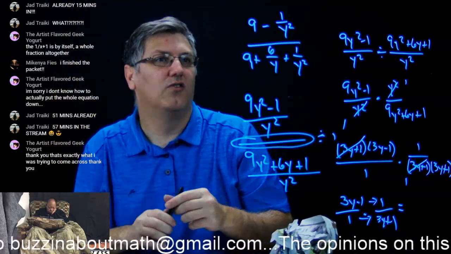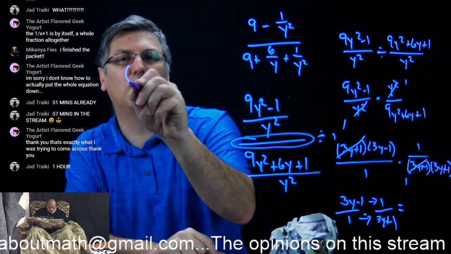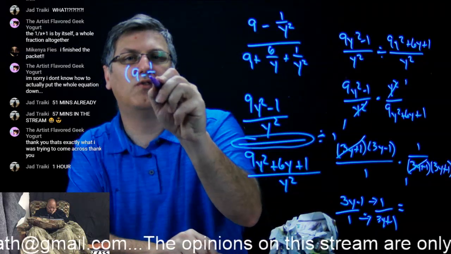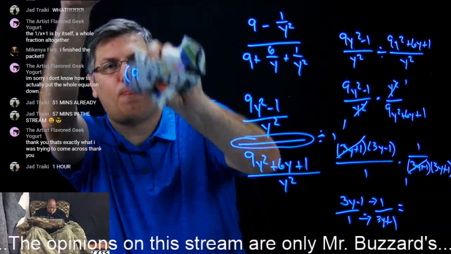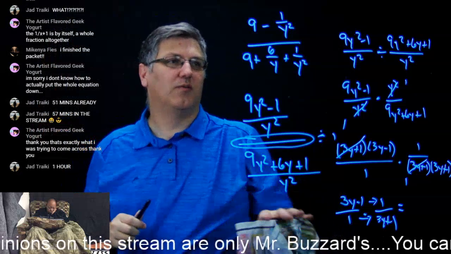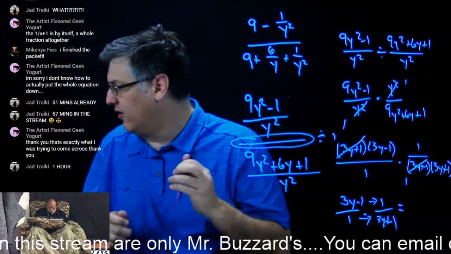The way that you would write this would be parenthesis 9 minus 1 over y. Yeah, I know, Jed.